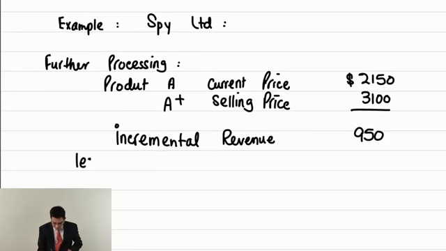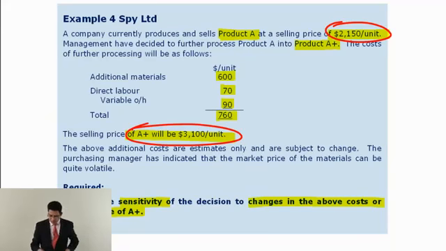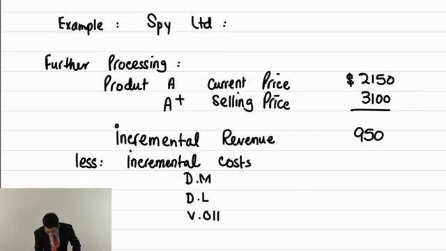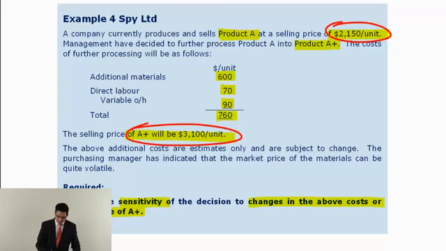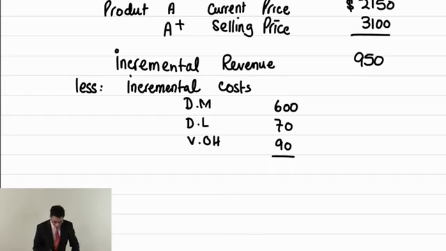So let's deduct incremental or additional costs, which are 670 and 90. So direct materials, direct labor and variable overheads in short. 670 and 90, and in total it is 760.